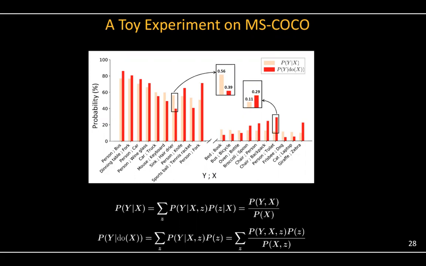Yes. Basically, if we forget this is a computation problem, we know that we have a set of Z, and this Z is the objects of all the images, and we already observed them and their frequency. Then we just want to do this computation to know the conditional probability of Y given do(X).